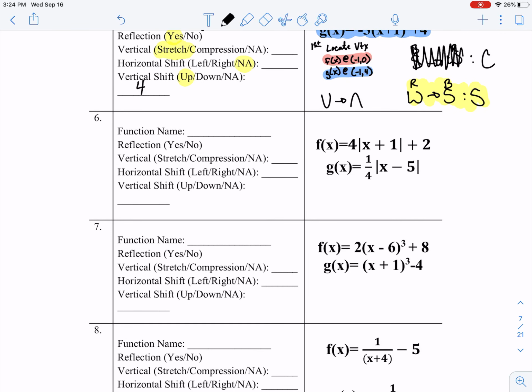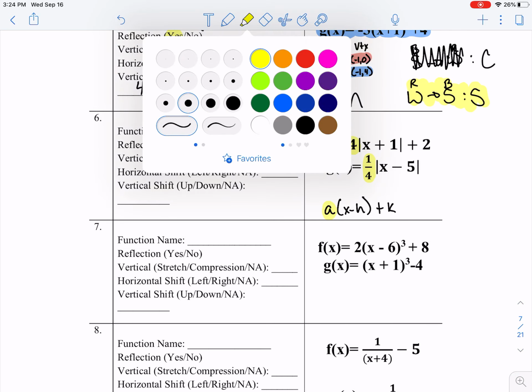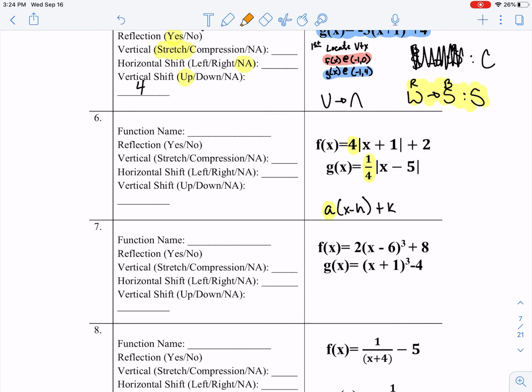So something you can do, if you practice these a lot, I give y'all the flow map a times x minus h plus k. You can come through here, you can highlight your a values. Your a values are on the outside of your operator. Your h values are inside.